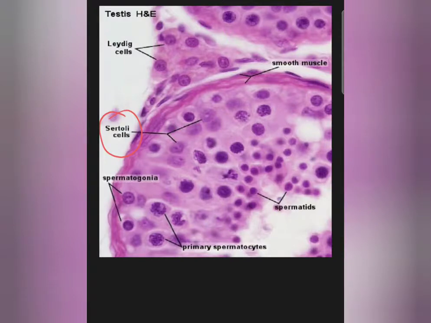They supply nourishment to the sperms and also give mechanical support to them. The sperms are the fifth stage of the spermatogenic cells, which is not actually seen here. They get their nourishment from the Sertoli cells, and these Sertoli cells also secrete a protein known as androgen binding protein and another protein known as inhibin. So these are the two types of cells that form the seminiferous tubules.